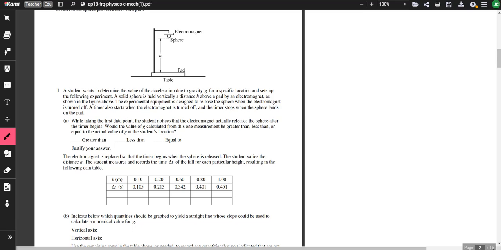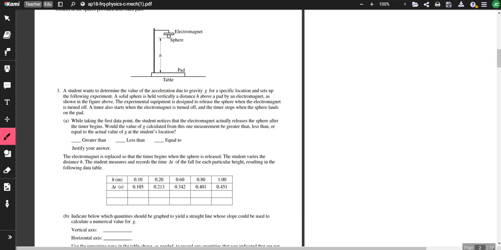So let's see, for part A, they want us to figure out whether the value that we ended up calculating is going to be greater than, less than, or equal to the actual value, based off the fact that the timer starts a little bit before.